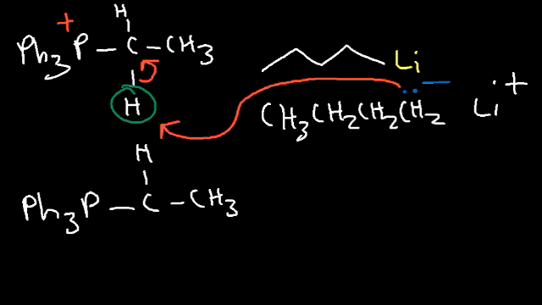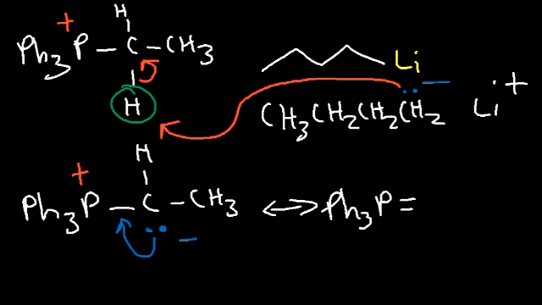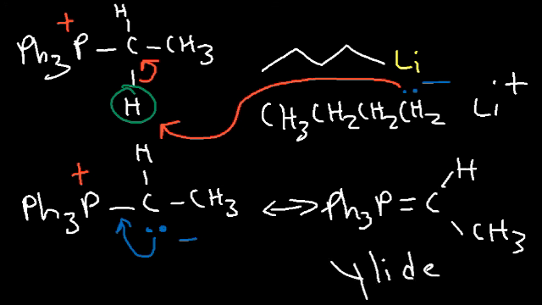This is one resonance form of the ylide. This is the less stable resonance form, or the one that's more reactive. And now this lone pair is stabilized by resonance. It can delocalize into this bond. And so here we have the major resonance contributor of the ylide, and it looks like this. So this is the phosphorus ylide, and this is called the phosphonium salt.